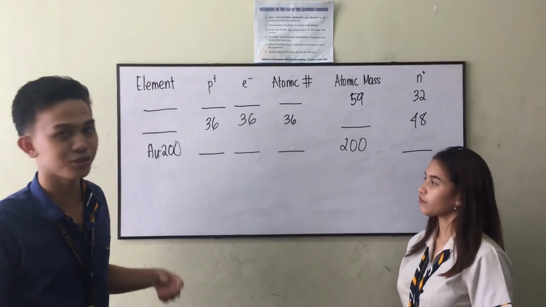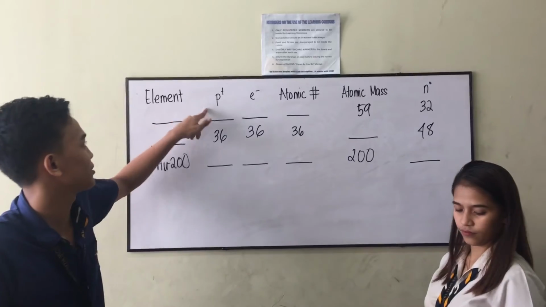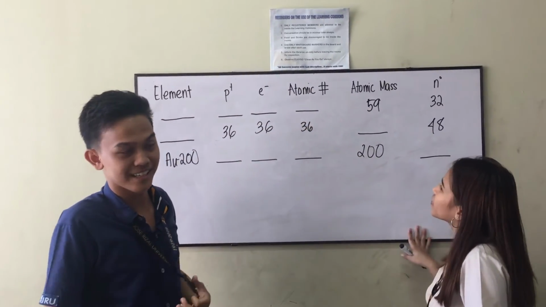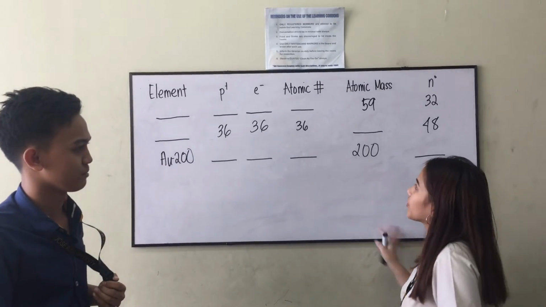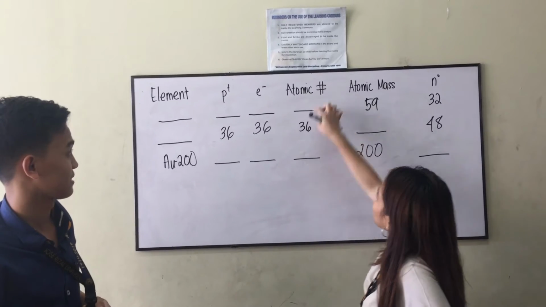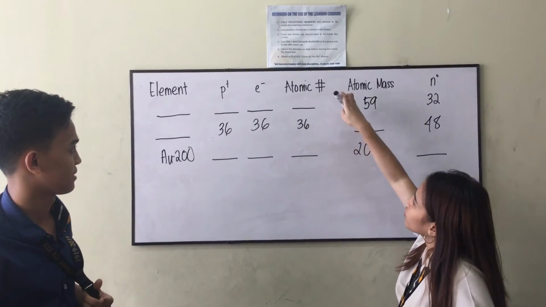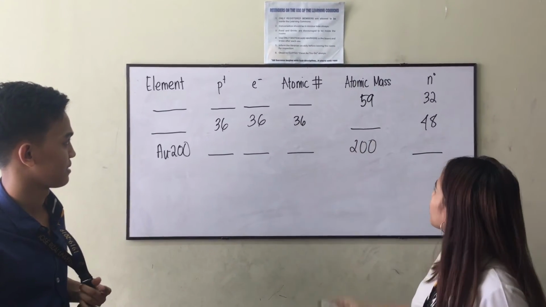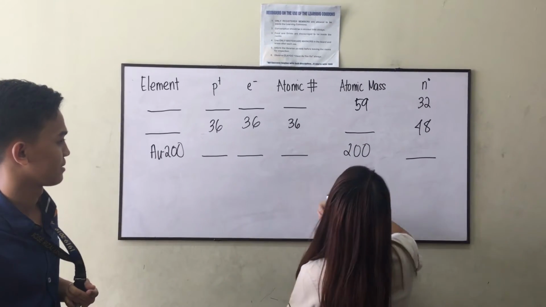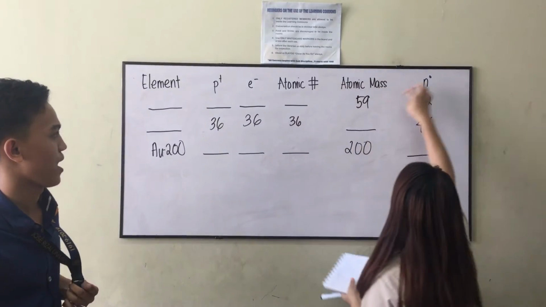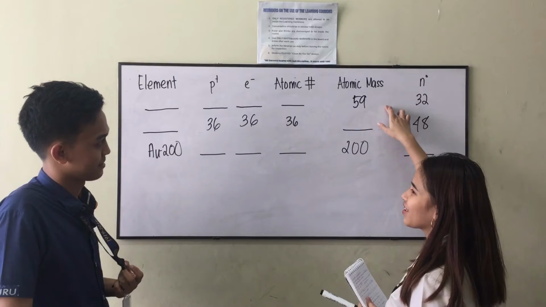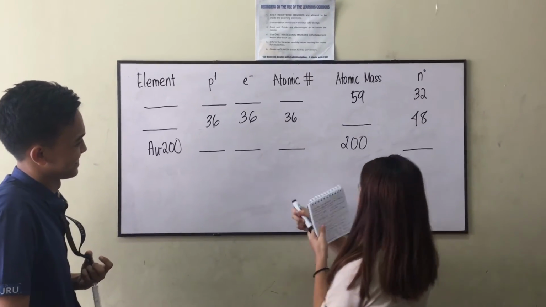In this table, we will teach you how to get the element, protons, electrons, atomic number, atomic mass, and neutrons. First, we need to find the atomic number. To find the atomic number, you need to subtract the neutron from the atomic mass. 59 minus 32 is 27.